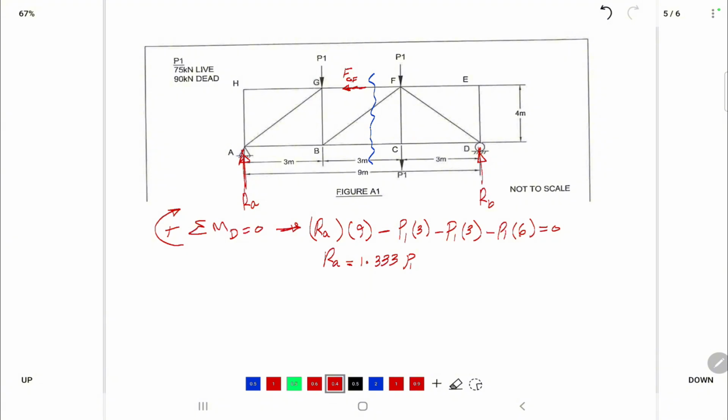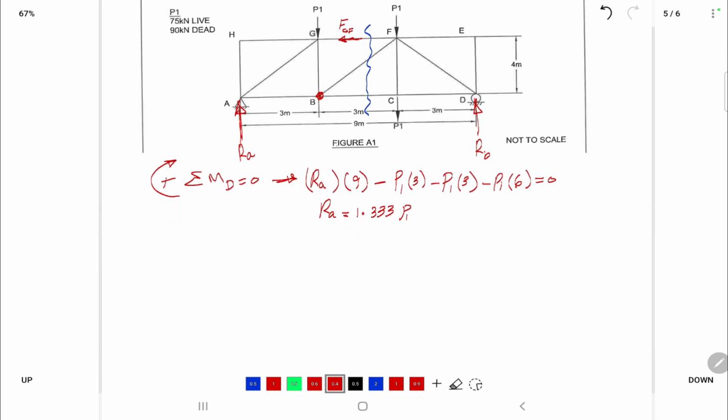So if I take moment about point B, you see this one, P1 passes through B, so there will be no moment. Taking the moment about point B, with everything clockwise positive, I have moment from RA and FGF.